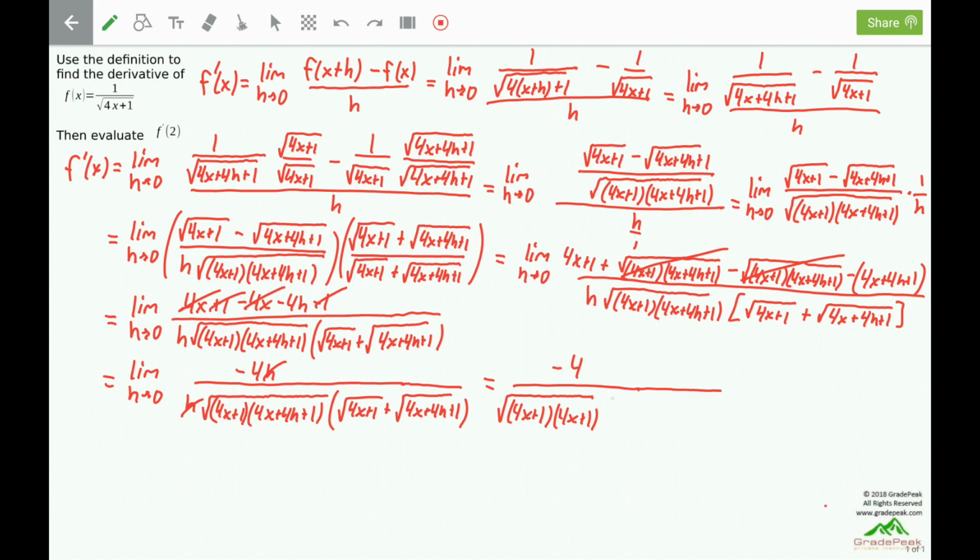And we will have the square root of 4x plus 1 plus another square root of 4x plus 1, which means we have a negative 4 over the square root of 4x plus 1 squared times 2 square root of 4x plus 1 after we add the 2 together.